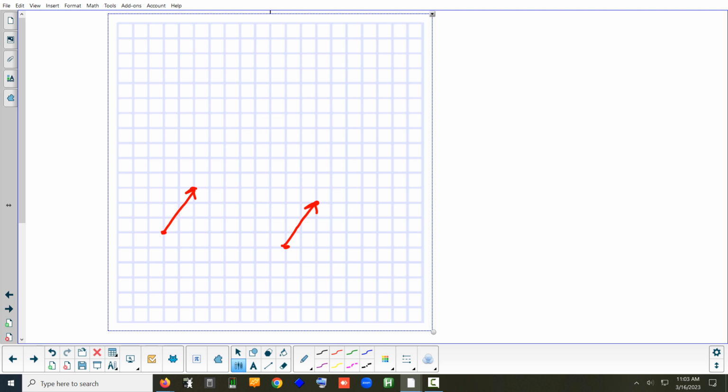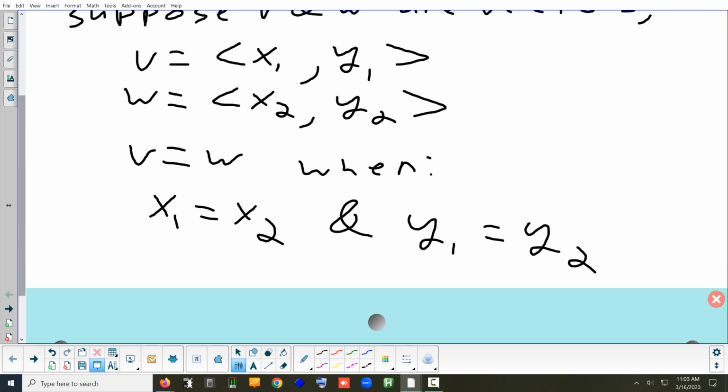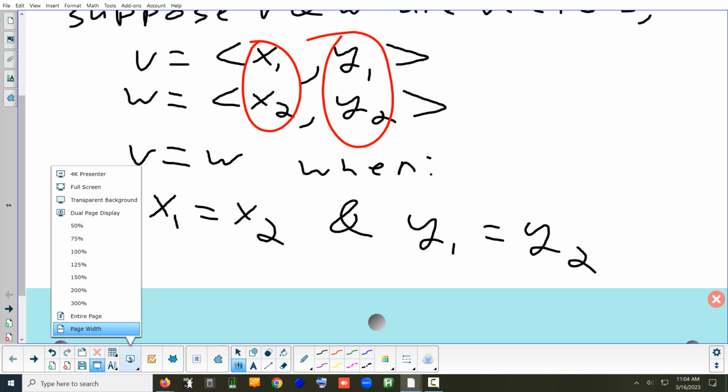Being the same doesn't mean they're in the same spot. Like if I said to you, are these two coordinates the same? And I wrote down two ordered pairs. Well, for two coordinates to be the same, they need to be in the exact same spot. But vectors don't. All that it means for one vector to equal another vector is that the horizontal components and the vertical components are the same. Doesn't matter if you started at the origin or you started somewhere else.